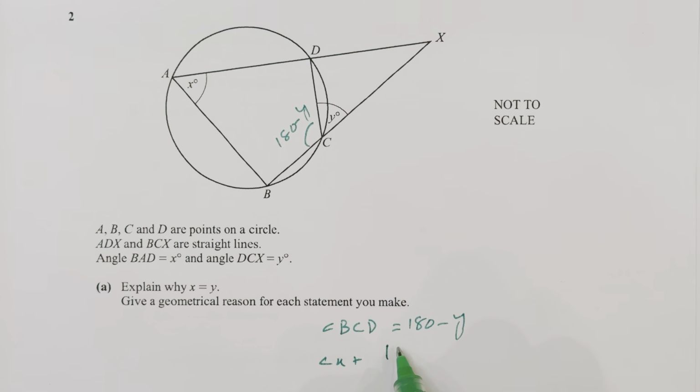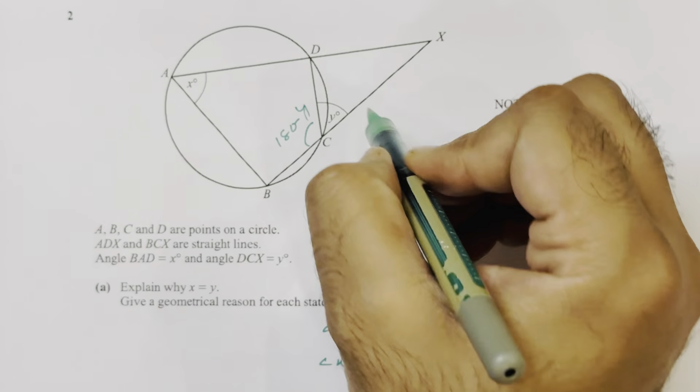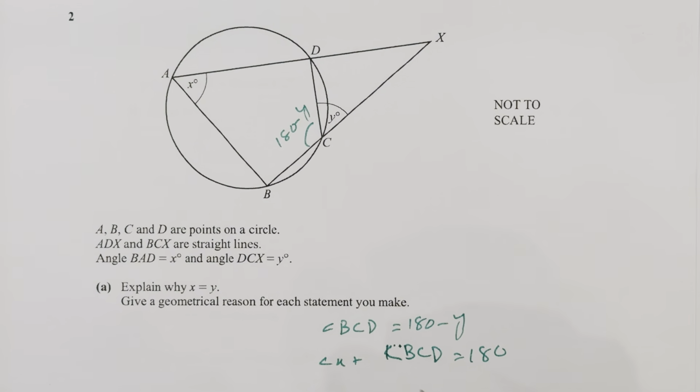angle BCD is equal to 180 degrees, because these are opposite angles of a cyclic quadrilateral, and we just figured out the value of angle BCD, that is equal to 180 minus y.